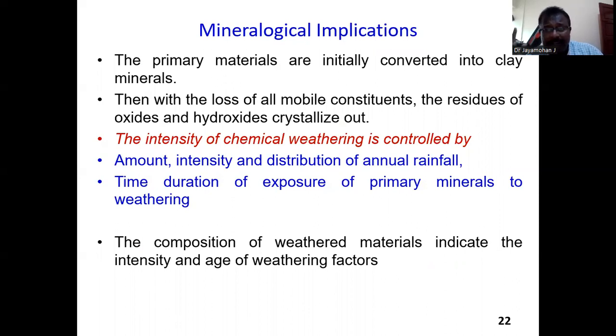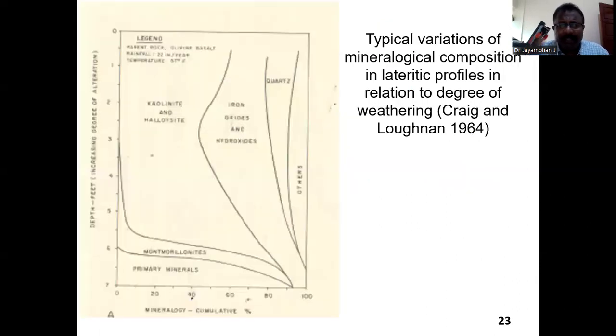The intensity of chemical weathering is controlled by two aspects: one is the amount, intensity, and distribution of rainfall, and second is the time duration of exposure of these minerals to weathering. So these two parameters control the intensity of chemical weathering, and the composition will indicate the age of that deposit.